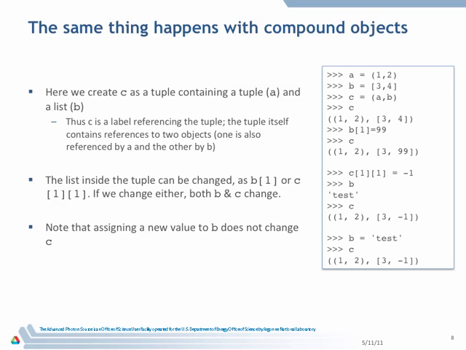Okay, I can also address into C. So C sub 1 gives me the tuple. I'm sorry, gives me the list. Element 1 of that tuple started out as 4, became 99. If I set it to -1, okay, I've changed C. That makes sense. But also I've changed B.